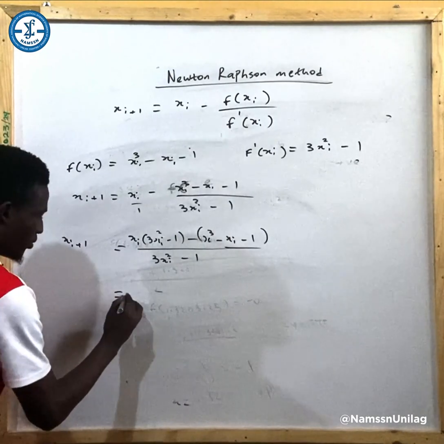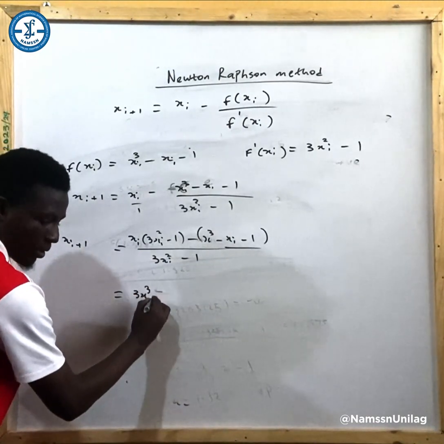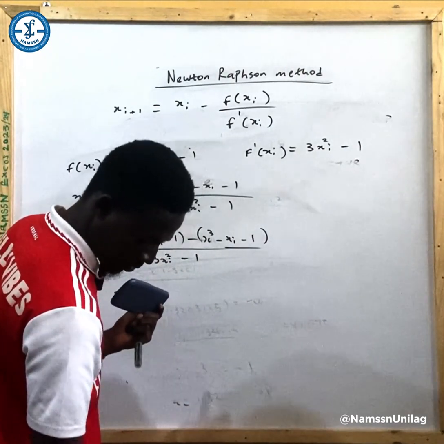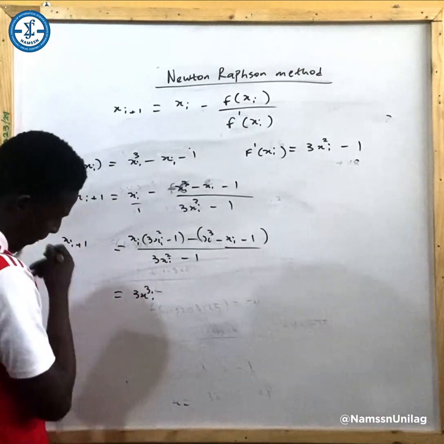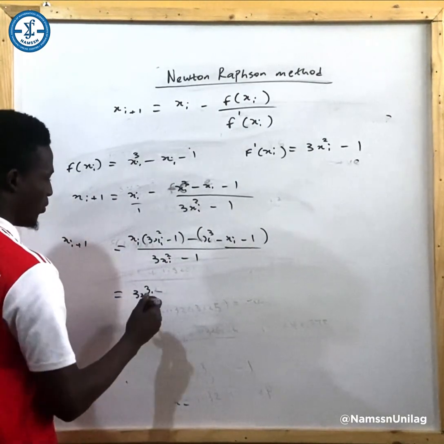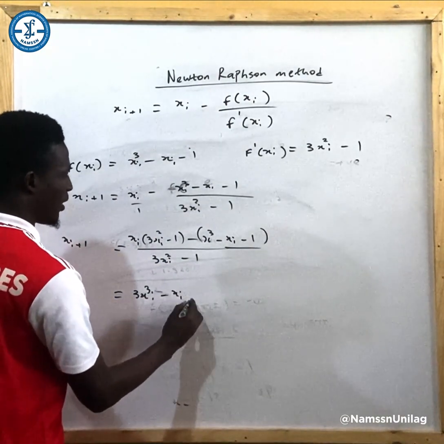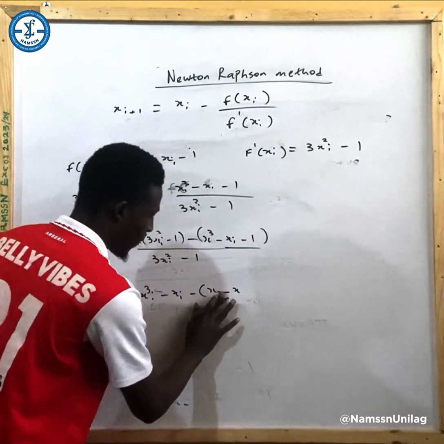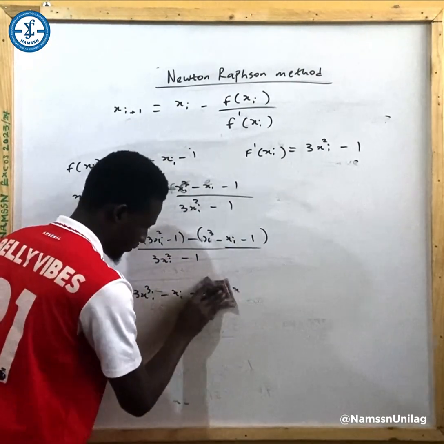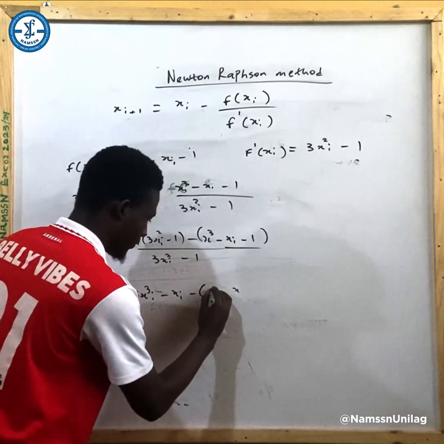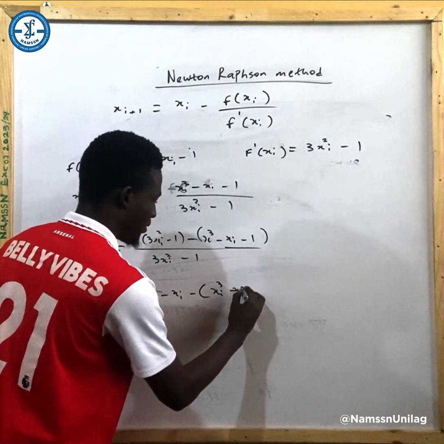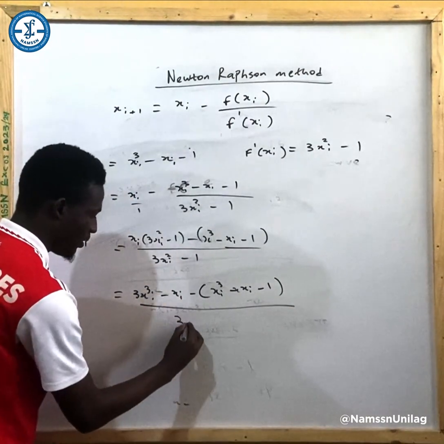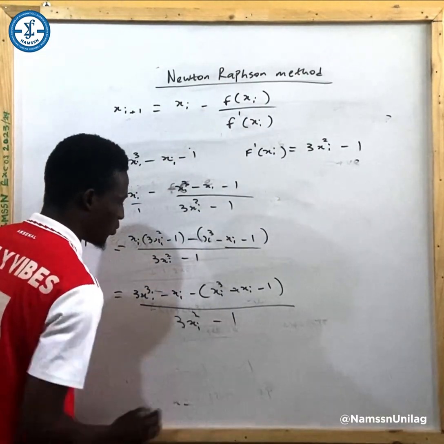Now, opening the bracket, you'd have 3x_i cubed minus x_i, minus into the bracket x_i cubed minus x_i minus 1, over 3x_i squared minus 1.